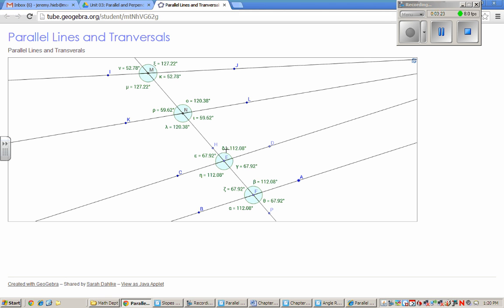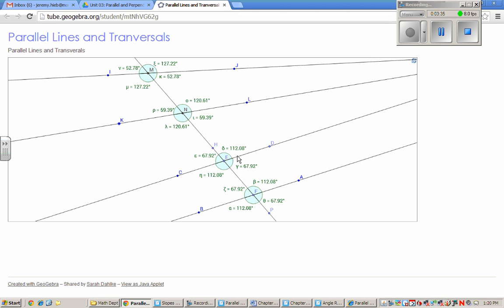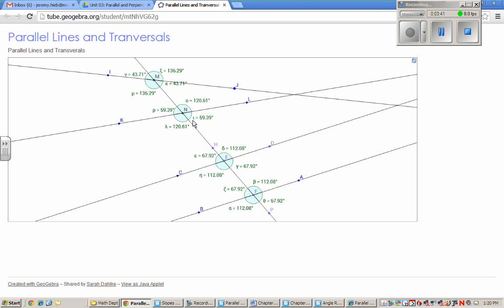So if you know one of these angles, you can find all the other 7. But if these are not parallel, there's no connection between these angles. So we have to make sure that they're parallel lines, or else we won't be able to find them.